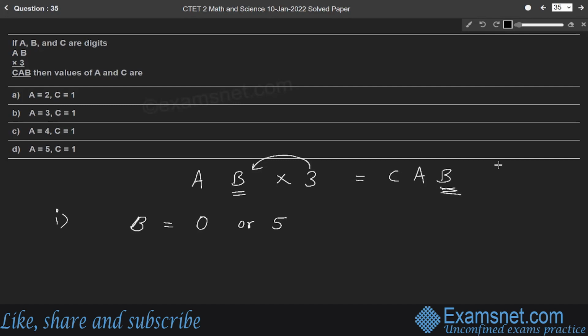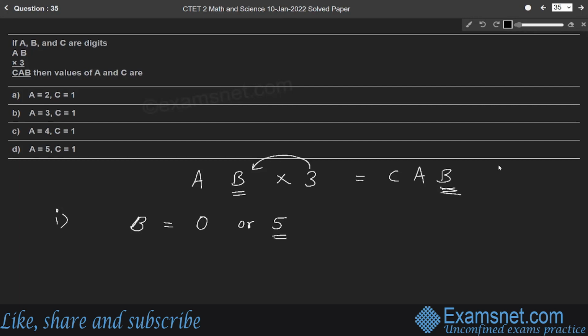Say for example, when B is 0, 0 into 3 becomes 0, B itself. If B is 5, 5 into 3 becomes 15, which ends with 5. Therefore, B is either 0 or 5.